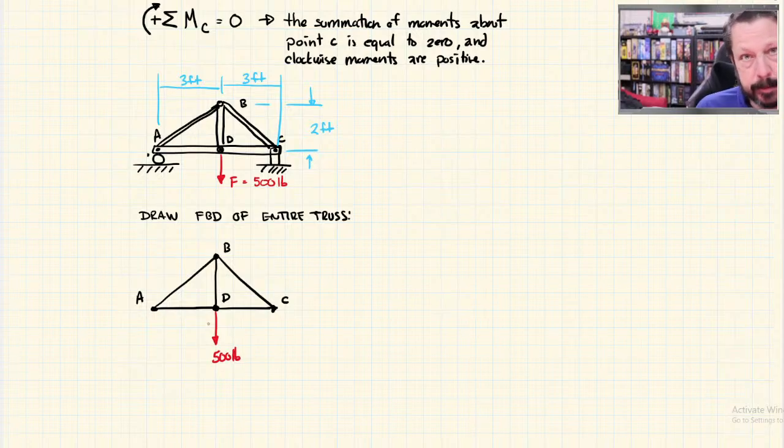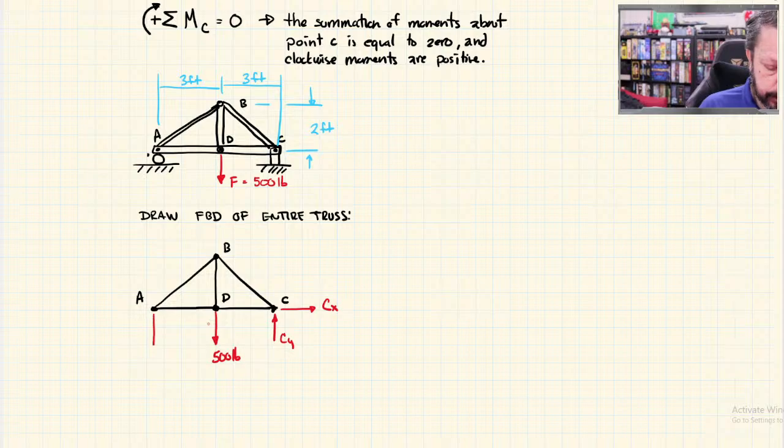At C, that was a pin. So I have one reaction in the Y direction, and I have one reaction in the X direction. And at A, that was a roller. So I have one reaction that's perpendicular to the surface the roller is on. So that'll just be AY. And I had some dimensions.